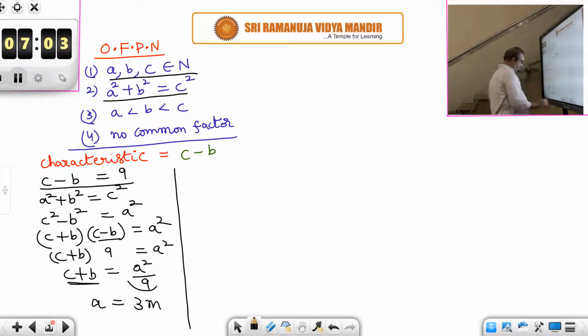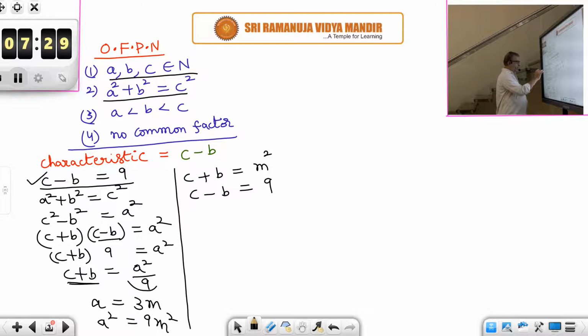Then what is C plus B then? A square by 9. A square is 9m square, by 9. So m square. C minus B is 9.